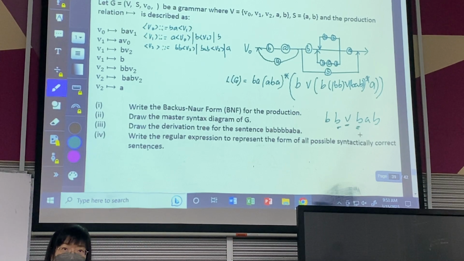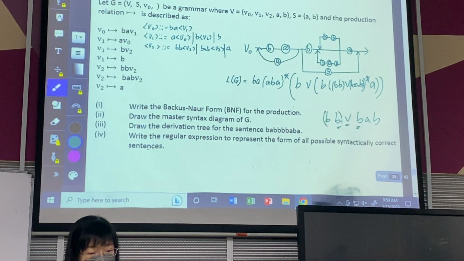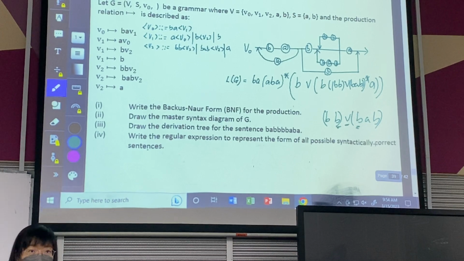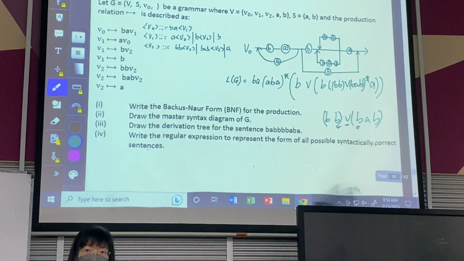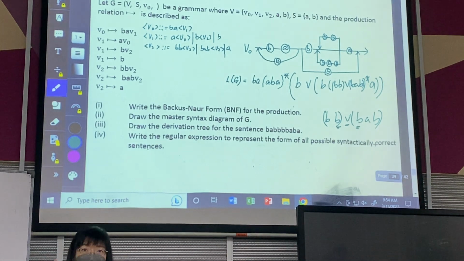Correct? So, to write it correctly, we should put a bracket like this, to show that now the OR is for the BB and for the BAB, two components together.